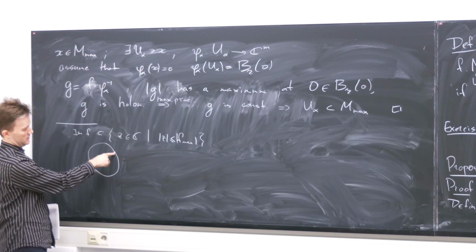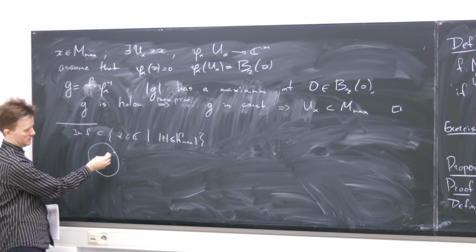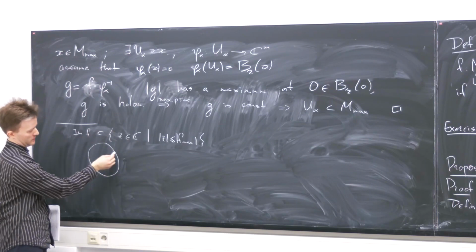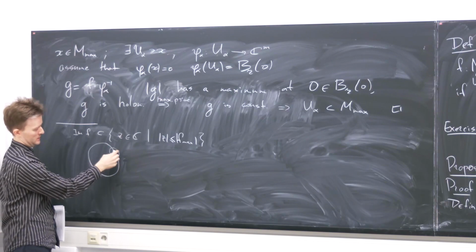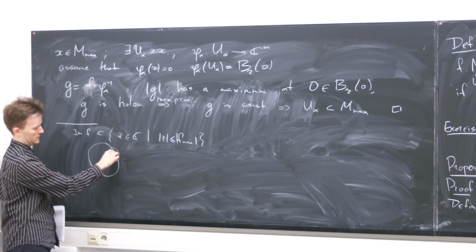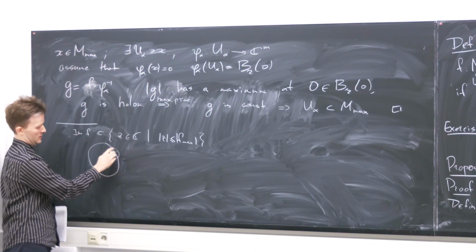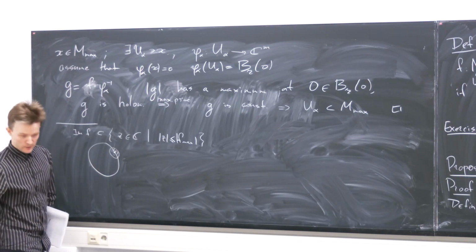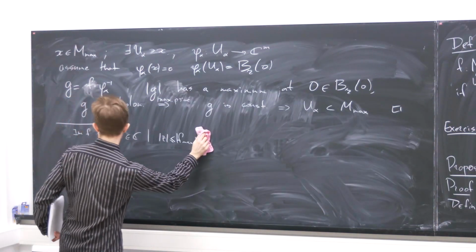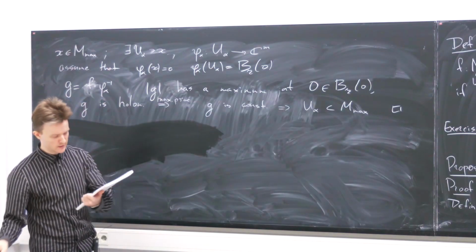But on the other hand, if f is not constant, then the image should contain some neighborhood of this point on the boundary, and this neighborhood will always go outside of the closed disk, right? So this part will lie outside, and this is a contradiction. Okay, so that's just a quick reminder about complex analysis.